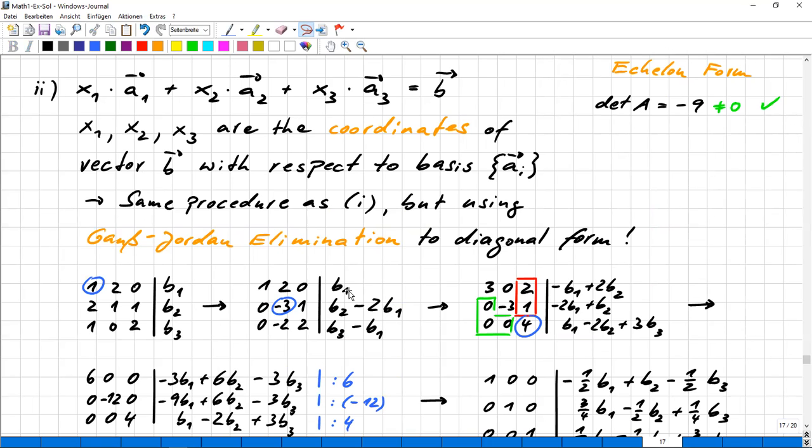So 3 times B1 plus 2 times this term. It means 3 times B1 plus 4 times B1, right? Is that right? Did I get it? This one times 3 times B1 plus 2 times this. So 3 times B1 plus 6.